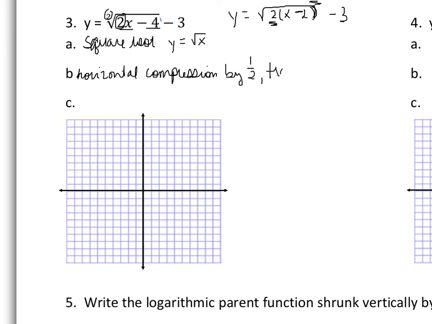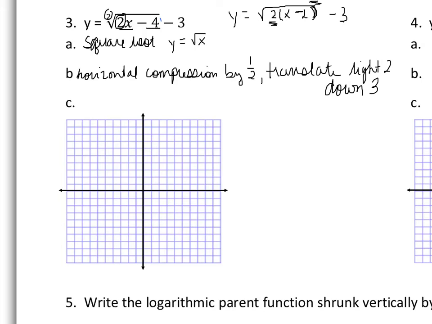It also is going to translate, because there's a minus 2 there, it's going to go to the right 2. And then the minus 3 is going to make it move down 3.